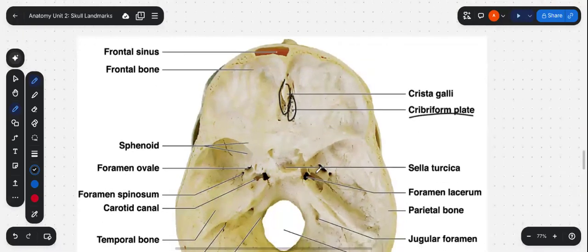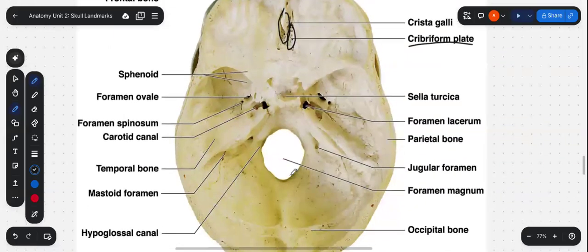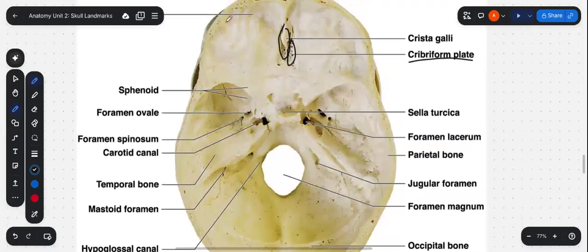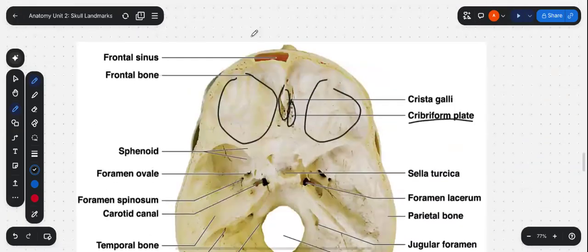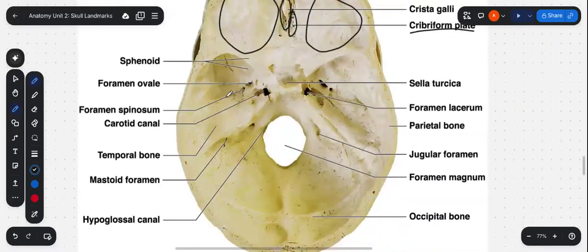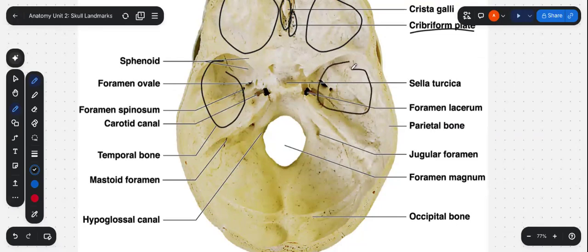Now, you have some different cranial fossas. The first of which is your anterior cranial fossa, which is going to be this whole region over here and over there. Then you have the middle cranial fossa, which is this portion and this portion.